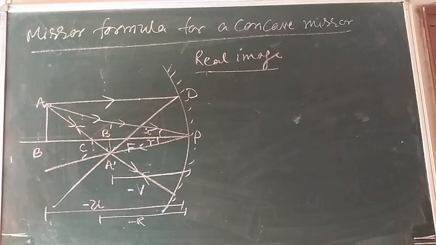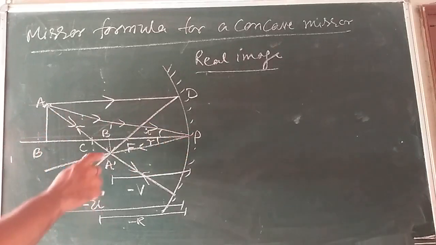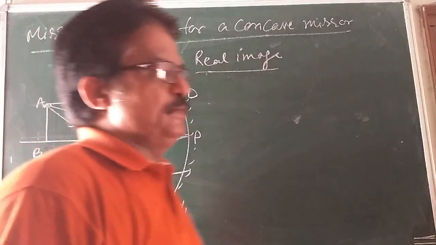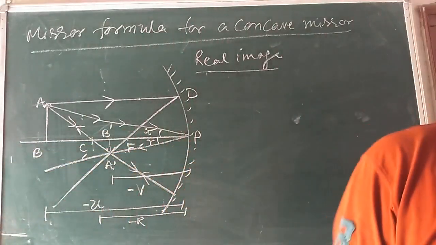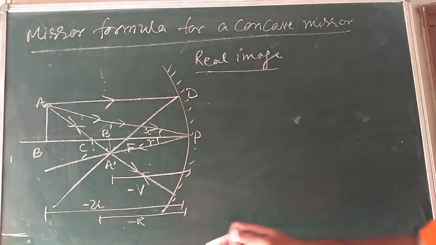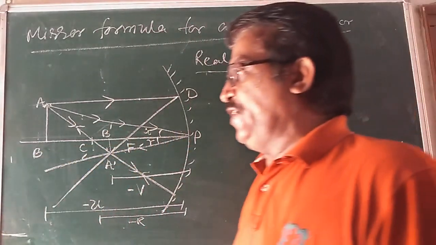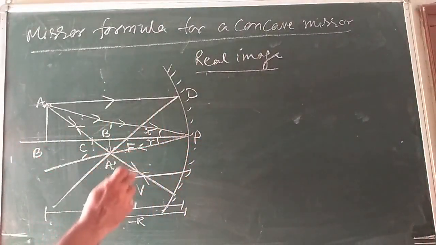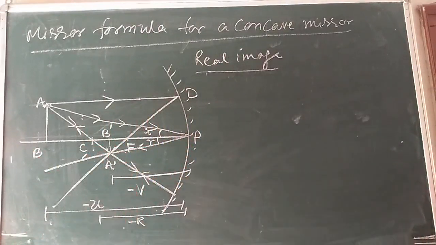When the object is held in front of a concave mirror, image is real. Draw this figure, then we are going to derive a relation in between U, V and R or F.